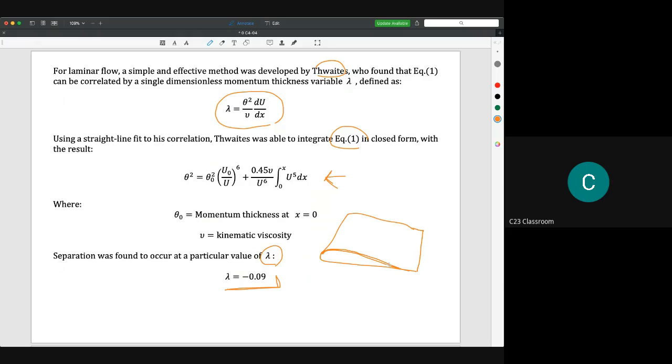However, if you look at the natural flow on this surface, it is a planar surface, just a flat surface. So another equation will be given for Thwaites for an object which is totally circular, for example flow in a pipe, flow around a cylinder, or flow around a sphere.